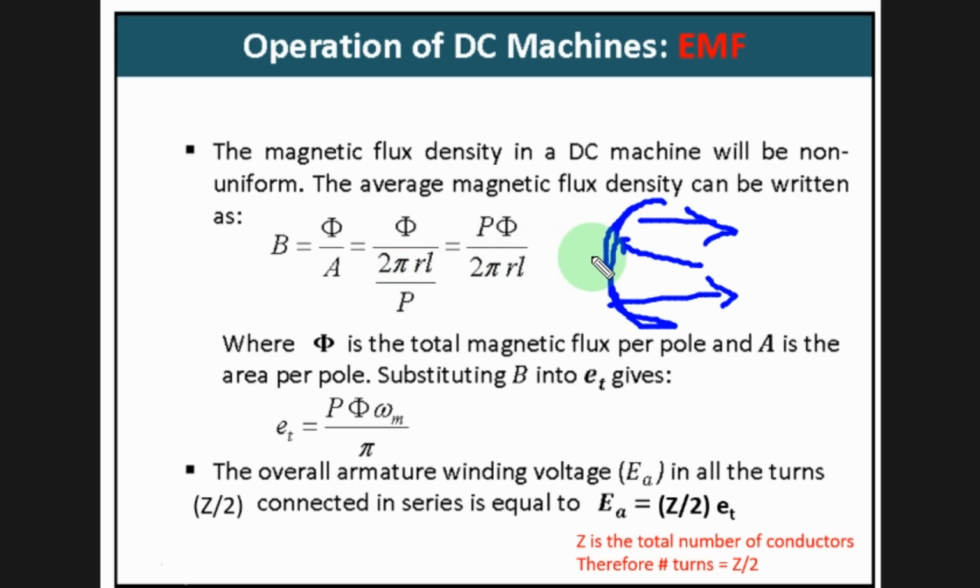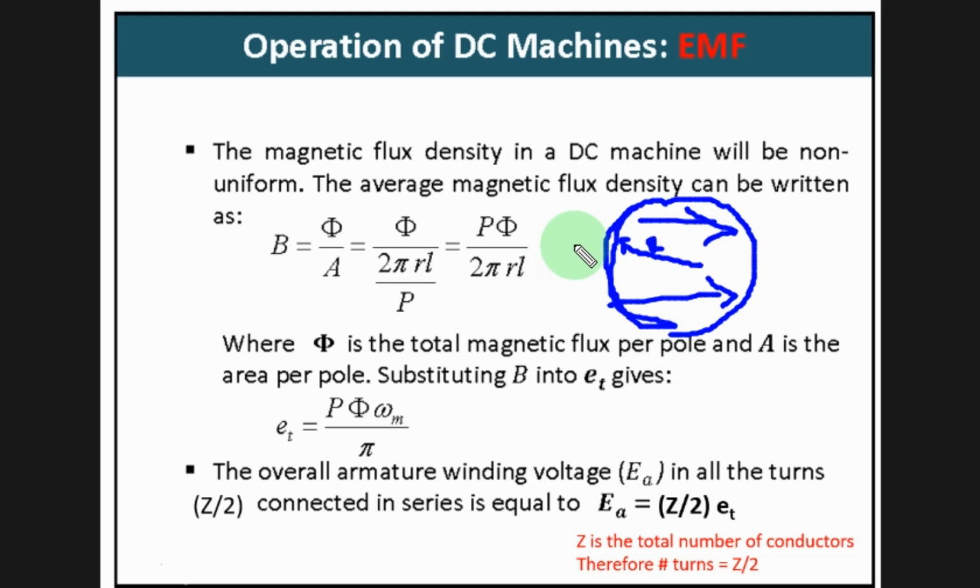In that case, the perimeter length will be 2 pi r, and the length of the conductor is l, so the area cut by the conductor will be 2 pi r l, the total one, if you take the full circle.